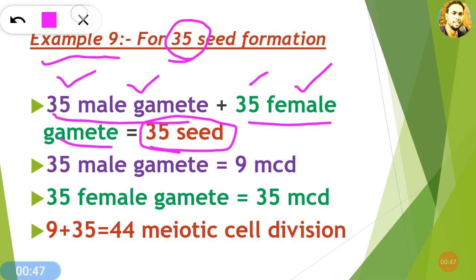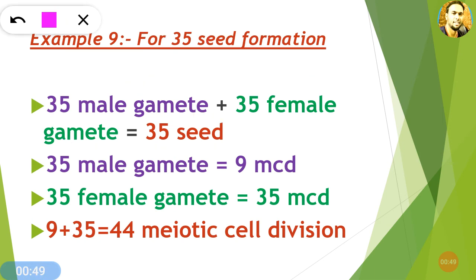The fusion between the male and female gametes will produce the seeds. Now we'll see by how many meiotic cell divisions these 35 male gametes are formed. As you know very well, one meiotic cell division forms 4.